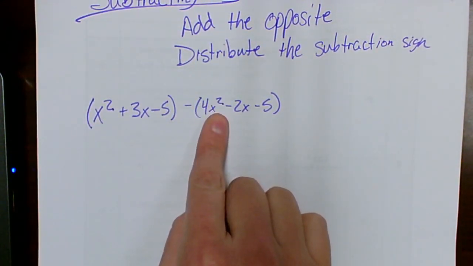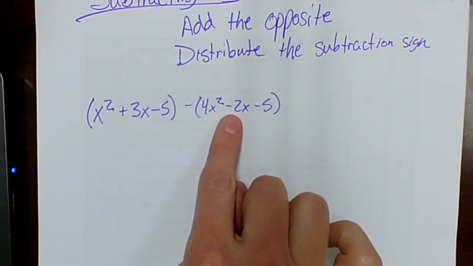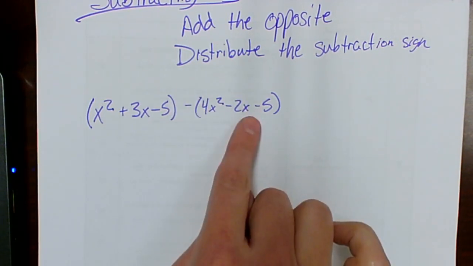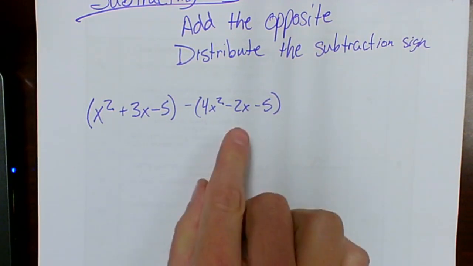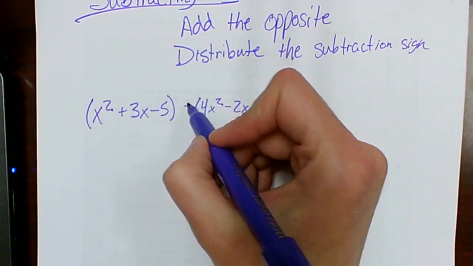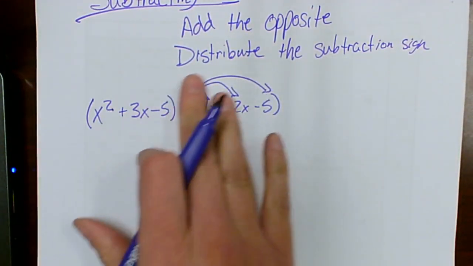That's not too bad to figure. 3x minus negative 2x. That's a little harder to figure in your head. Negative 5 minus negative 5. That could become a little tricky as well with the double negative. So to make life easier, we are going to distribute that sign through.